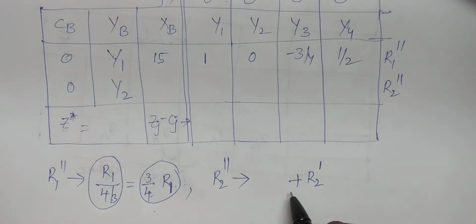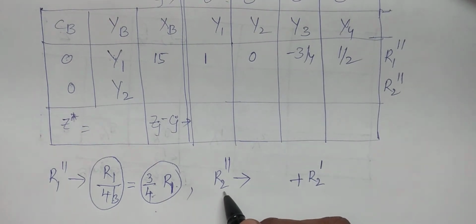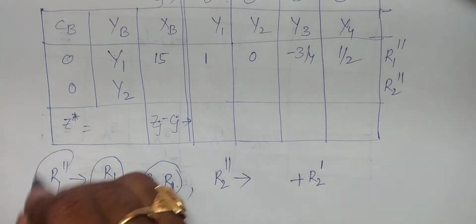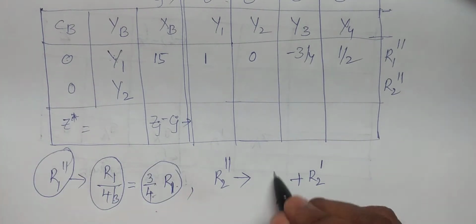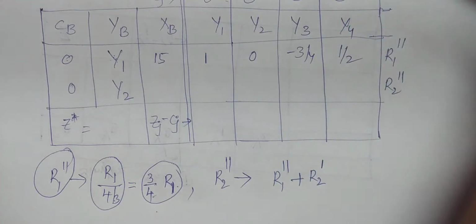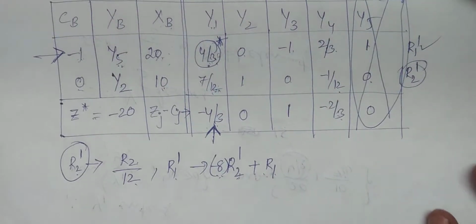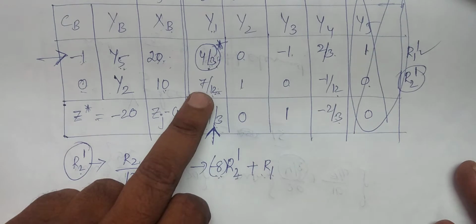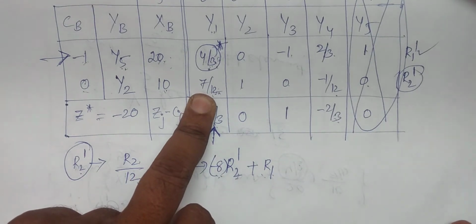And then you have to multiply with R1 double dash, that is R1 double dash into the element that is going to be converted to 0. In this, the element going to be converted to 0 is 7 by 12, so you have to multiply with minus 7 by 12.